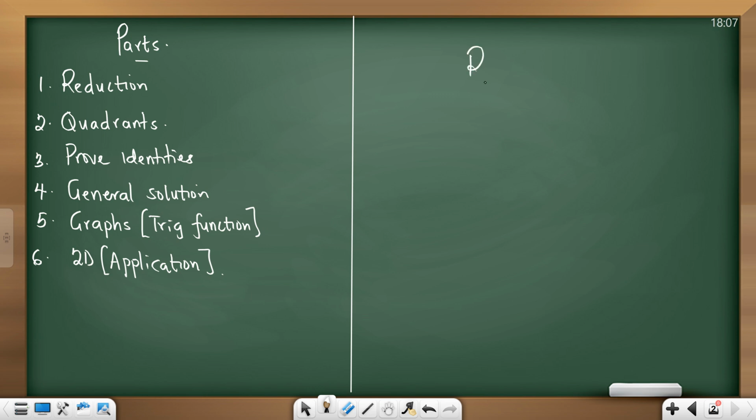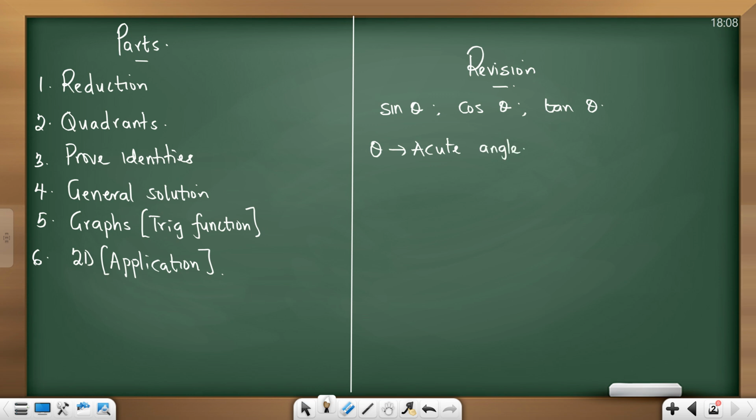Now, let's quickly do a quick revision from grade 11, from grade 10. When we talk about trigonometry, there are 3 ratios: sine theta, cos theta, and tan theta. Those are our 3 trig ratios. Please, before we go on, theta is always an acute what?